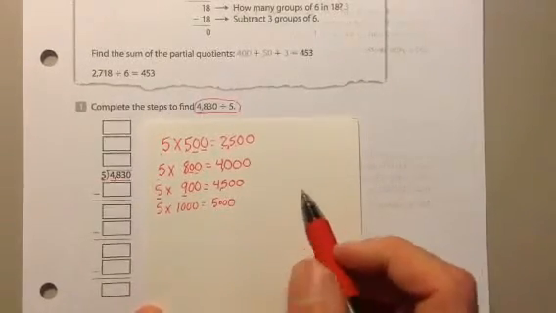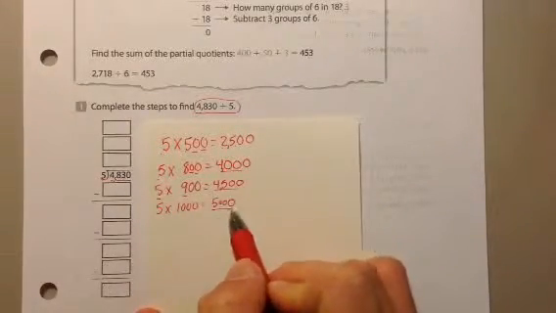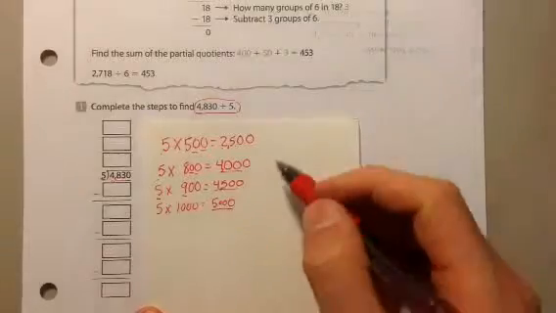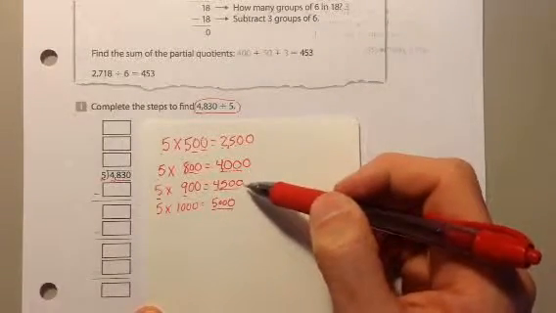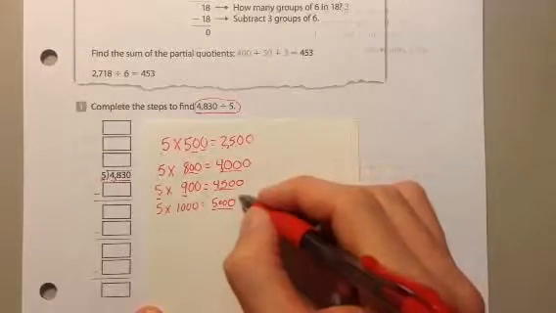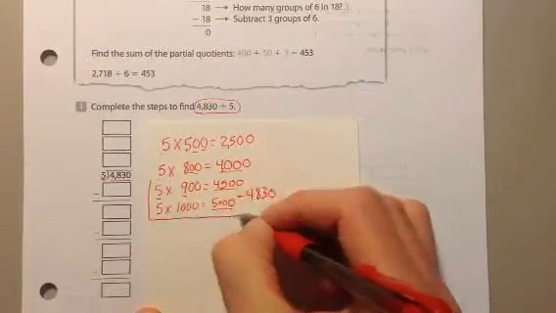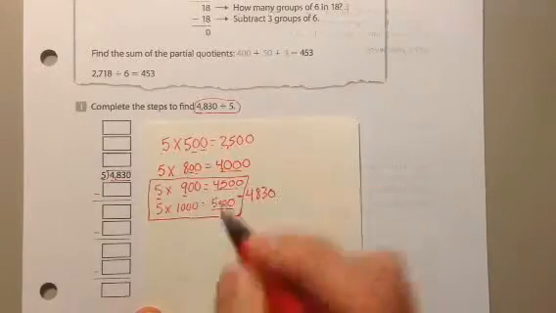Now, I have to look at my dividend and figure out which of these products my dividend falls between. Does it fall between 4,000 and 4,500 or 4,500 and 5,000? Well, it's 4,830, so I know I'm going to look at these equations right here.